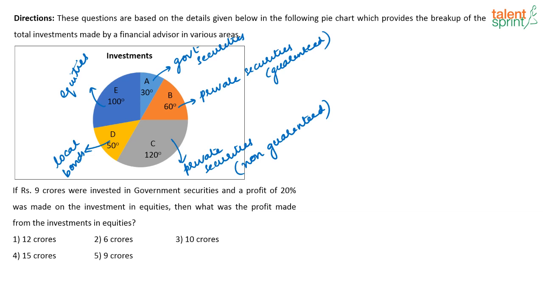Out of this 360 degrees, 30 degrees belong to government securities, 60 degrees to private securities guaranteed, 120 to private securities non-guaranteed, and so on. 30 degrees out of 360 is 1 by 12th. So 1 by 12th of the total investment is for government securities. Take it like that and solve.